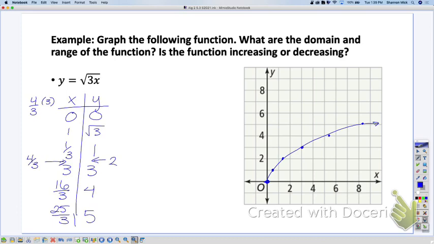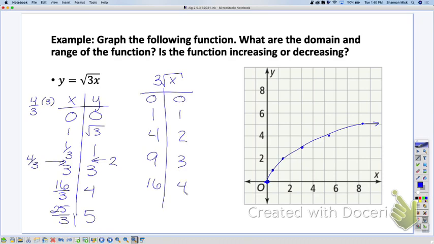What would happen if I put the 3 outside? It would still make it wider. Because we had 0, 1, 4, 9, 16. If we did that, we originally had, when it was just x squared or square root of x, 0, 1, 2, 3, 4.